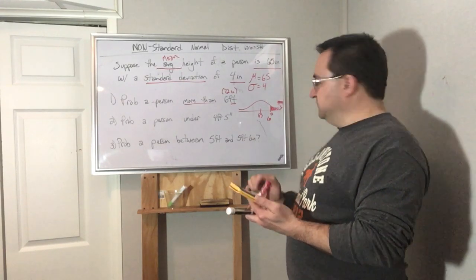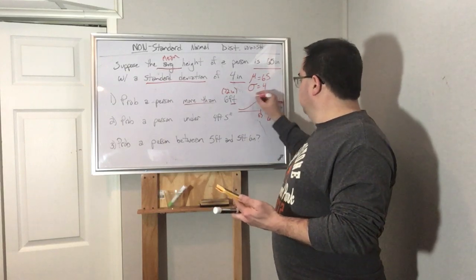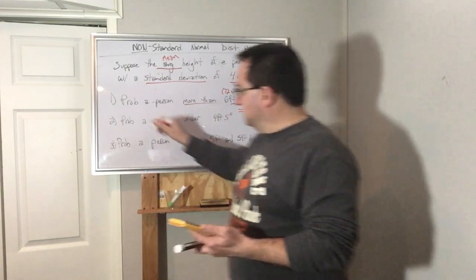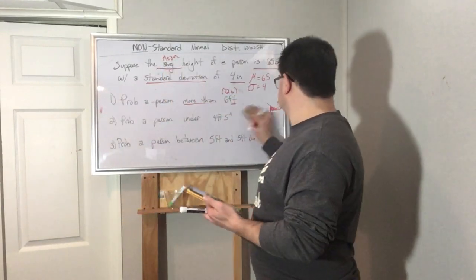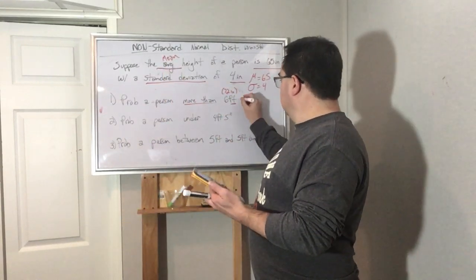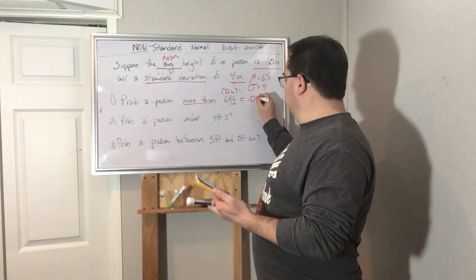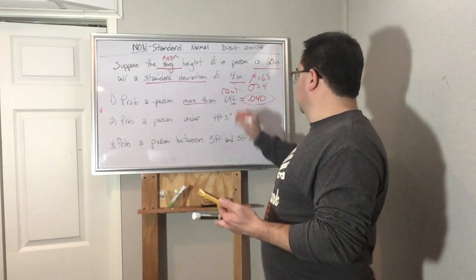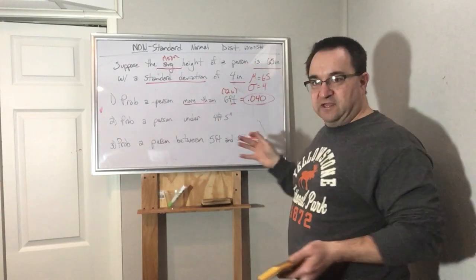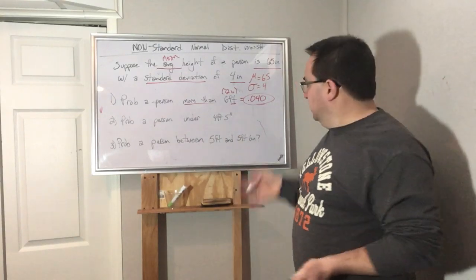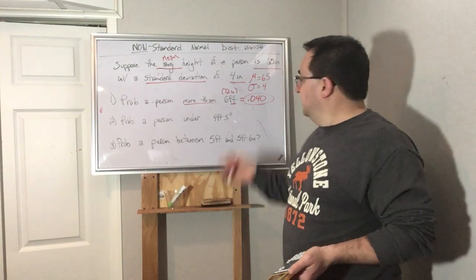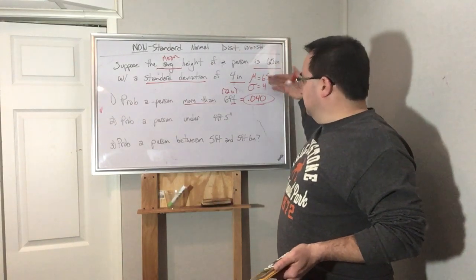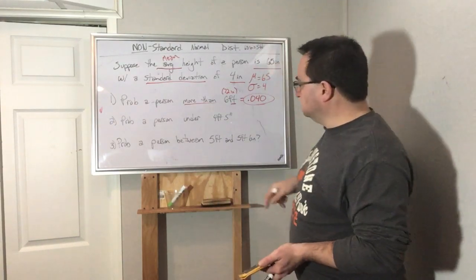And when I press enter, I get point... Where can I put my answer? I didn't leave myself any room. Equals 0.040. So if this data was accurate, which it isn't, I just made it up, only 4% of the people would be over 6 feet tall, based on this mean and the standard deviation.